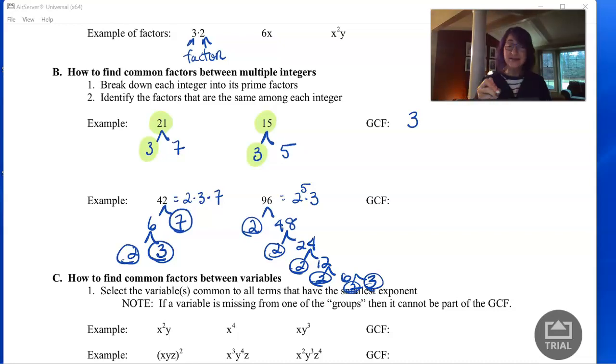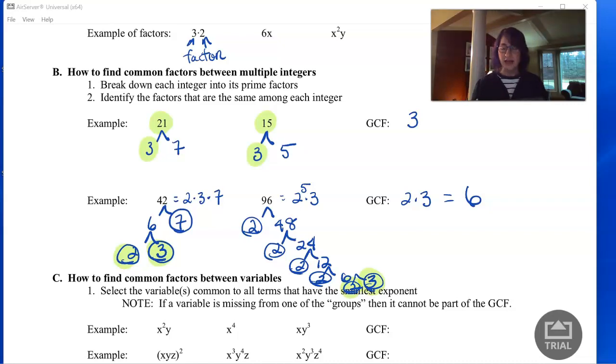When I look at this, I can see that the 2 and the 3 are common to both of those prime factorizations. And so that means my greatest common factor, I could say 2 times 3, but I'm just going to say 6, okay? 6 is the greatest common factor.